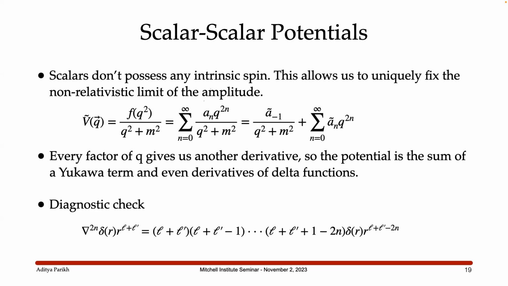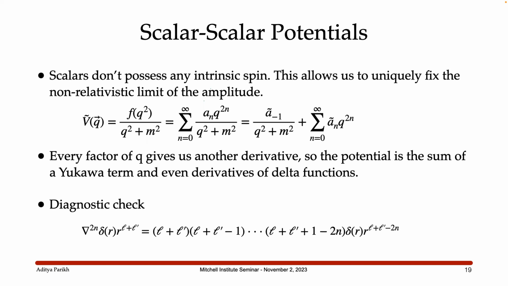But you can essentially show that you end up getting the same behavior, right? So you take this delta function term, you hit derivatives on this, and what you end up finding is that the number of derivatives that you're acting on this with will determine the power divergence of the R that you have. But it'll also determine the coefficient that you have out front. So in particular, if you don't have any derivatives, then the coefficient that you get is just delta of R to the L plus L prime with no coefficient out front. You plug in the zero states, nothing blows up.